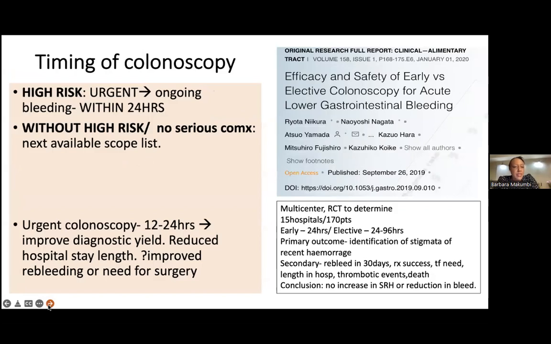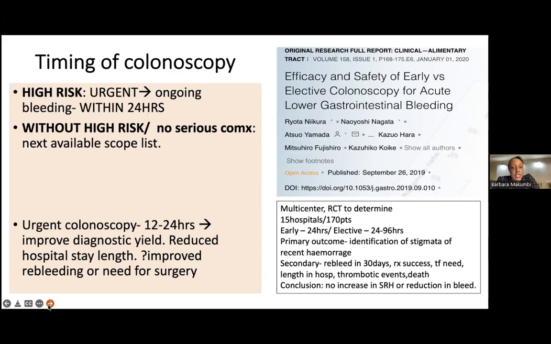So the timing of colonoscopy is quite debatable and quite controversial. A lot of papers differ from each other, but the guidelines stipulate that a patient, if they're high risk, should have an urgent colonoscopy, which means less than 24 hours from presentation or when they were stable.